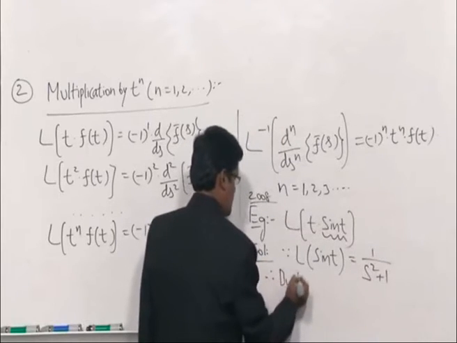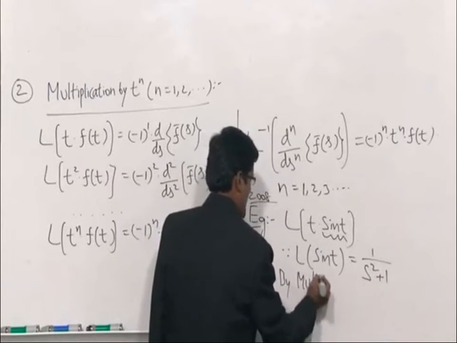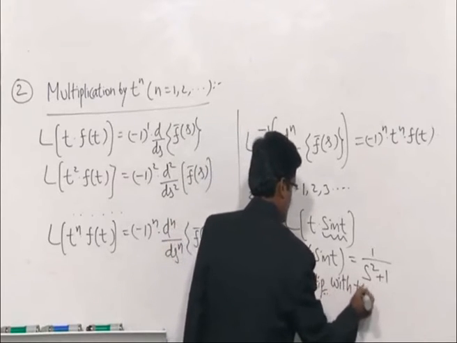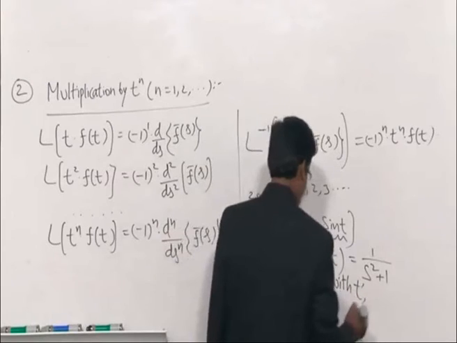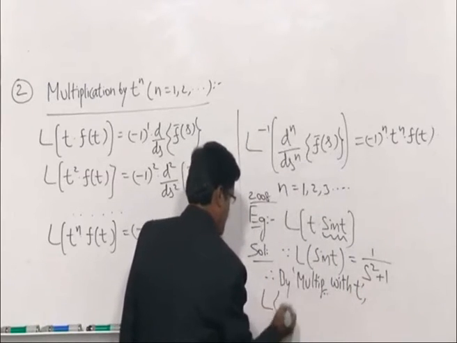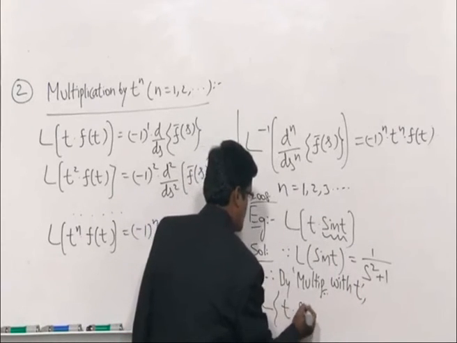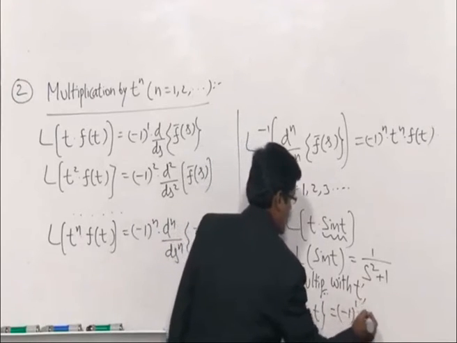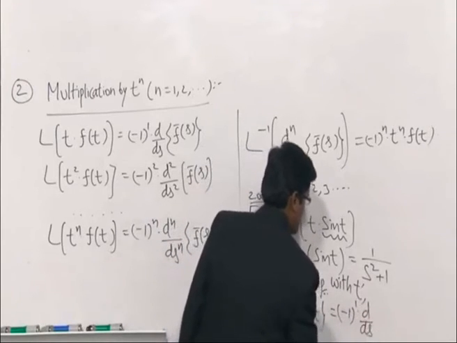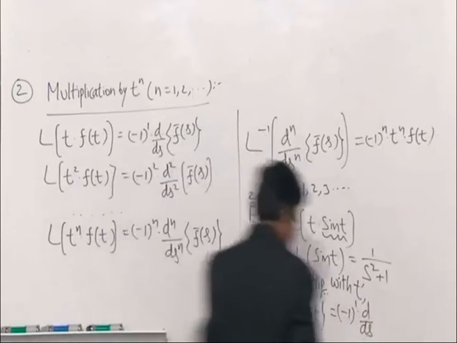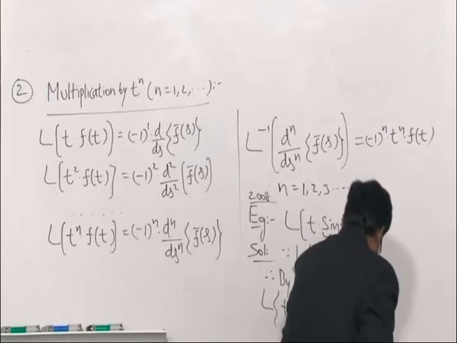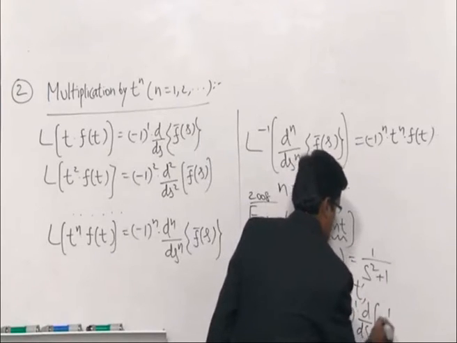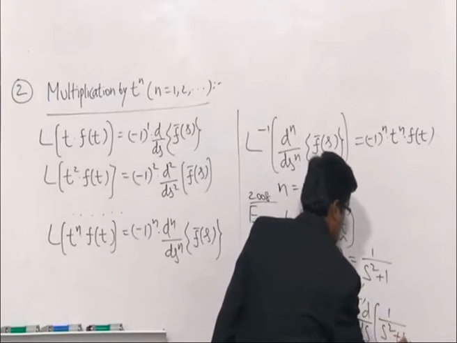Therefore, by multiplication with t, L of t into f of t, that is f of t is sin t, is minus 1 whole power 1 d by ds of f bar s, 1 over s square plus 1.